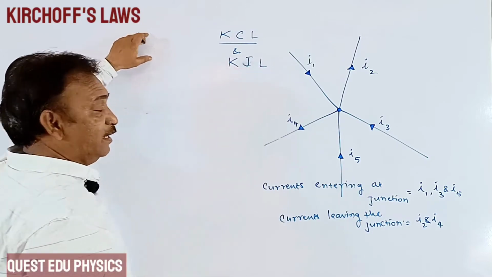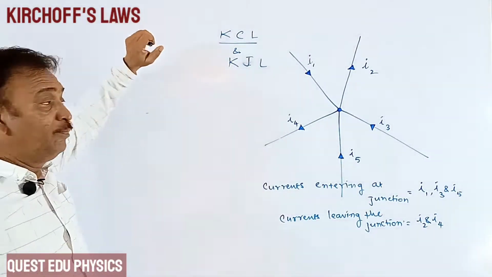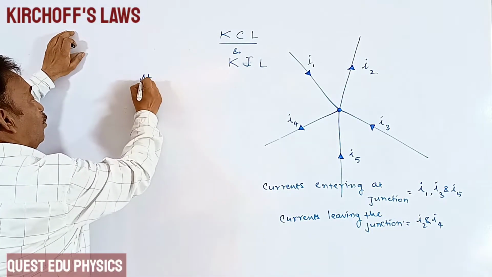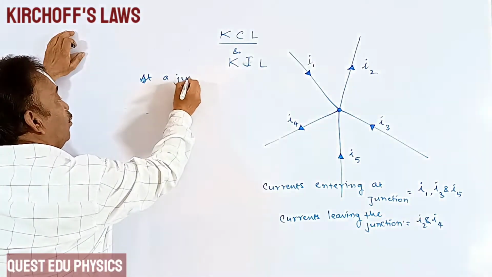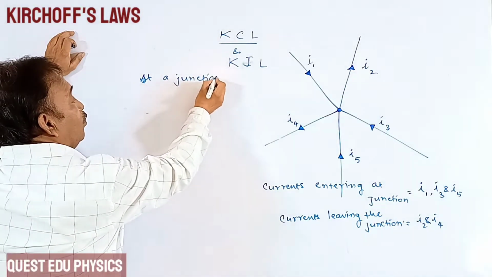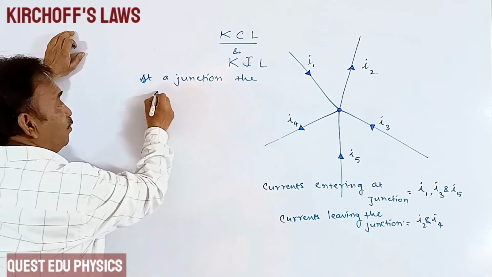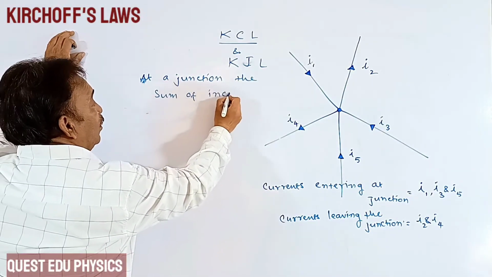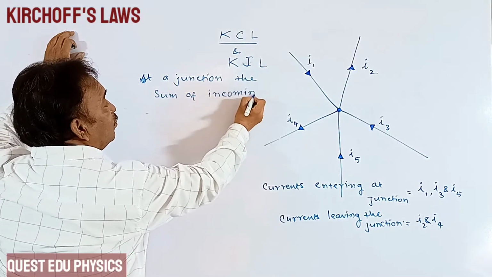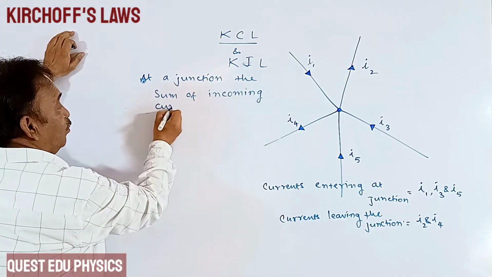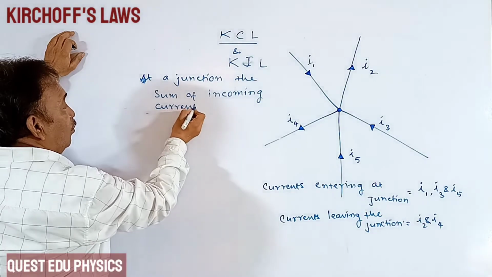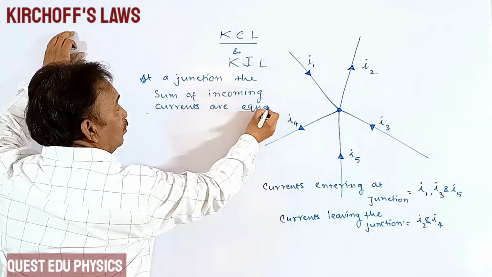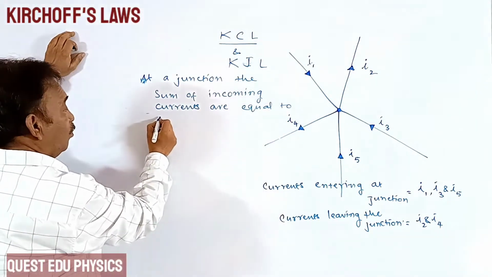This law states that at a junction, the sum of incoming currents is equal to the sum of outgoing currents.